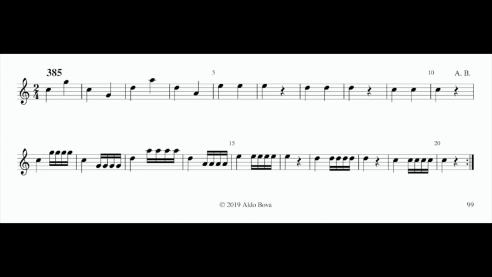I think that I have to change bar 11 of exercise 384. It's too difficult.